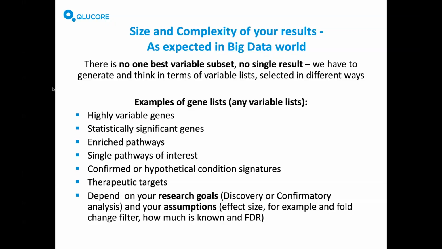But at the end of the day, the decisions and cutoffs, and the approach of how you combine different cutoffs and different layers, will depend on your research goals. So, for example, in discovery mode versus confirmatory analysis, in general, discovery mode won't be nearly as stringent as, for example, guidance for diagnostics.